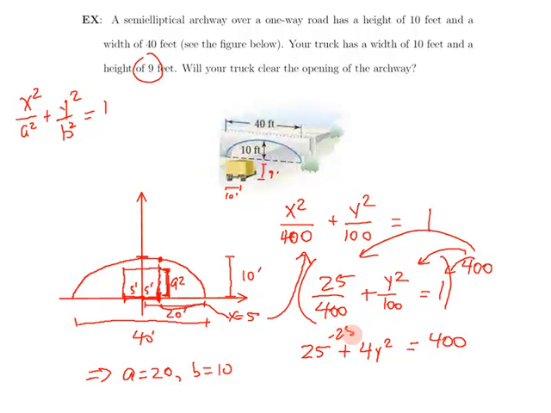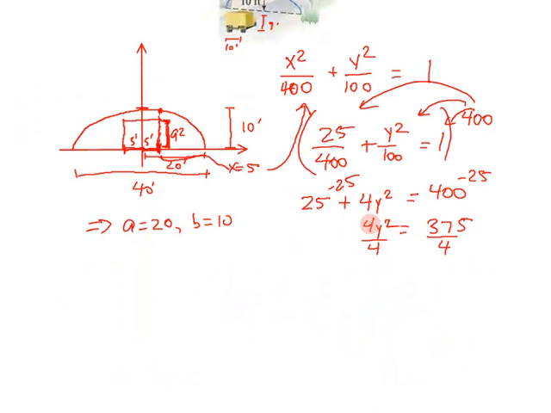If I subtract 25 across, that gives me 4y squared is equal to 375. Dividing both sides by 4, the 4s cancel, so y squared is equal to 375 divided by 4, which is 93.75.